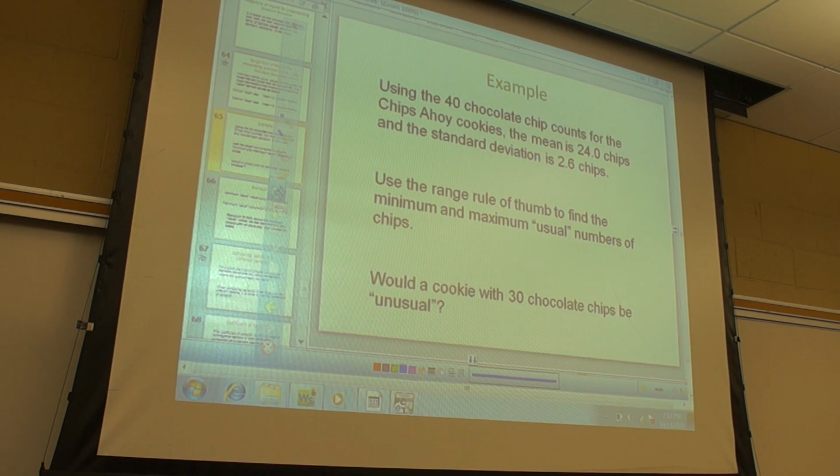So this is your example on the page right below that. You take your mean, and you're going to subtract 2 standard deviations. First, find out what 2 standard deviations is. How much is 2 standard deviations? Then take your mean, subtract 2 standard deviations. Take your mean and add 2 standard deviations.